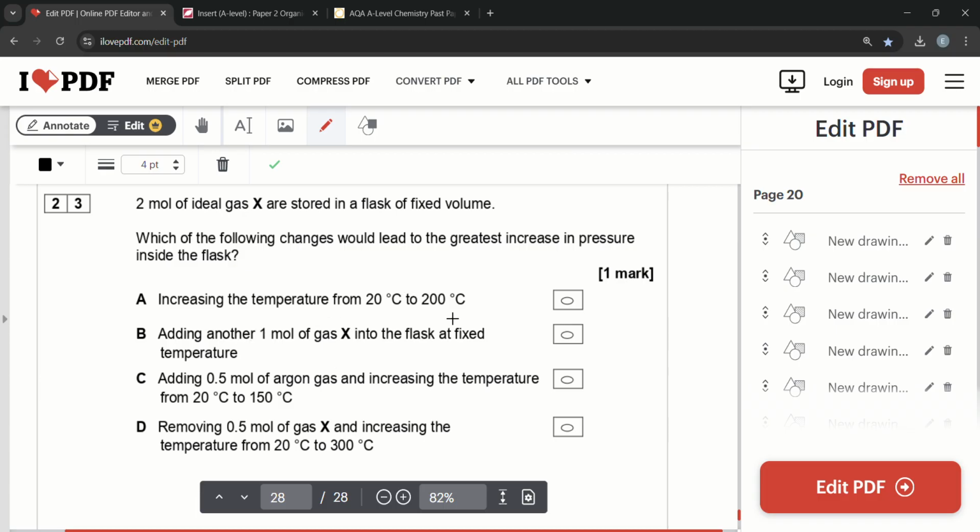Increase in temperature from 20 degrees Celsius to 200 degrees Celsius. Definitely not A, that's for sure.